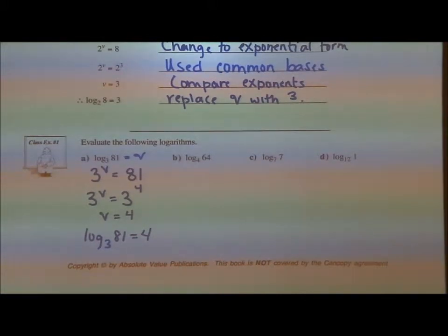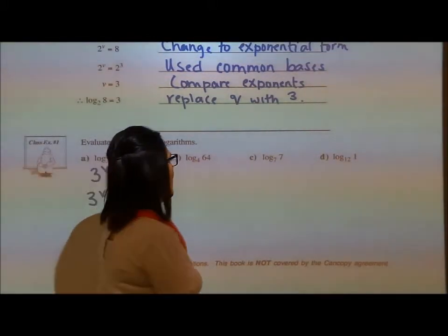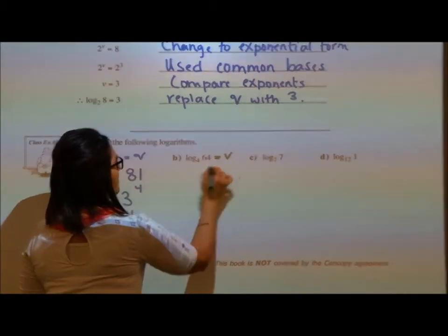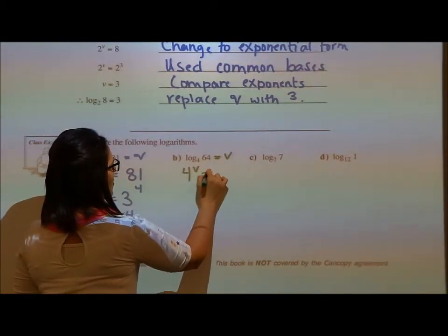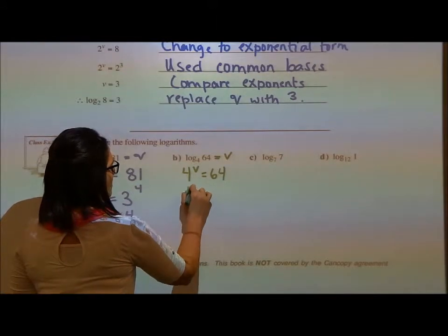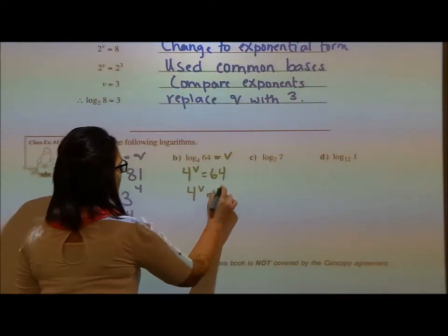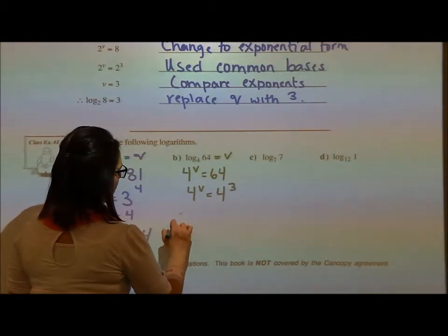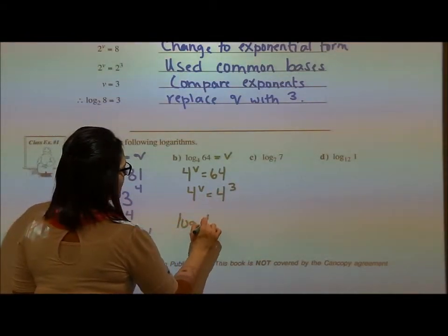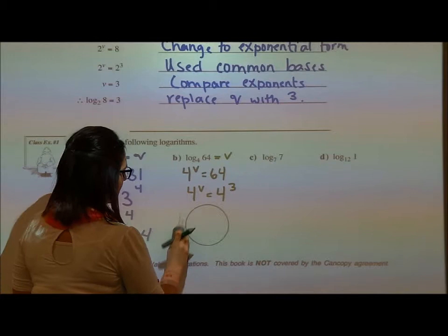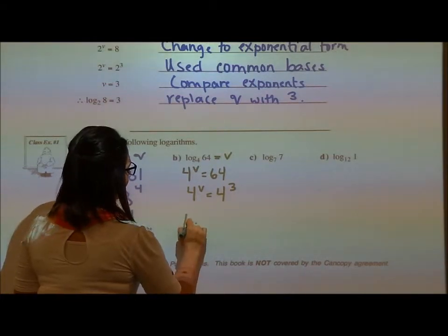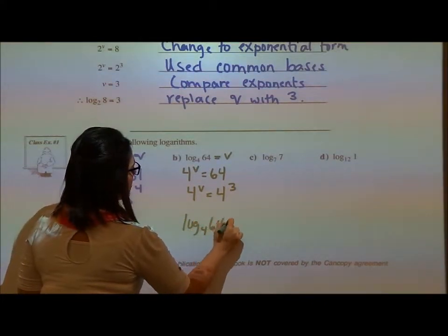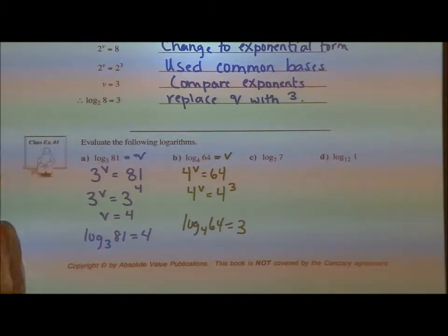So we have log base 4 of 64 equals v. So 4 to the power of v would equal 64. Common bases would be 4 to the power of 3. So then I can write that log base 4 of 64, or sorry, not 6, log base 4 of 64 is equal to 3.